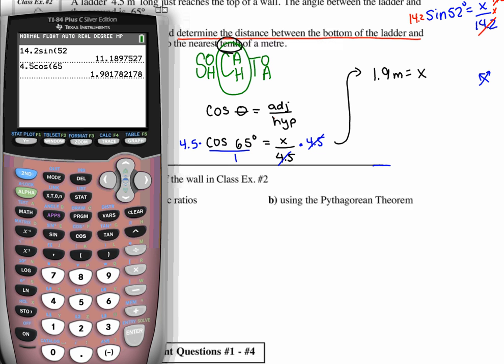You never need to switch. The only buttons it affects are sine, cos, and tan. It doesn't change any other thing in your calculator. So once you're in degree mode, you don't have to ever switch back. Not until you're in Math 30 do you switch back and forth. Just make sure you're in degree mode and you're good to go.